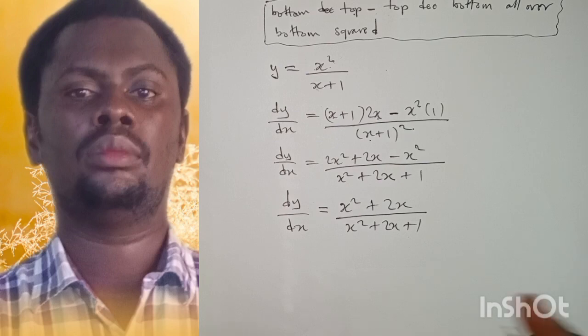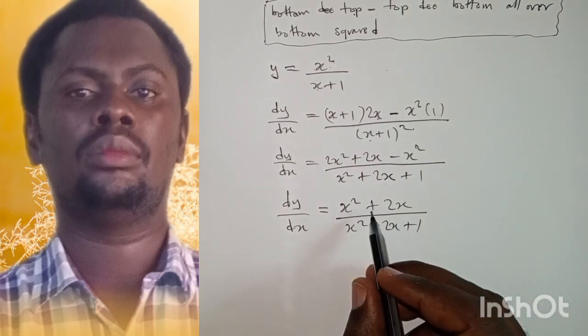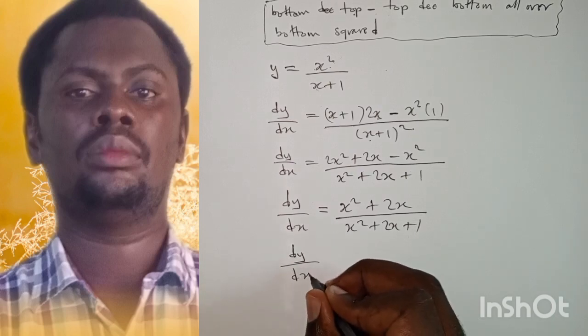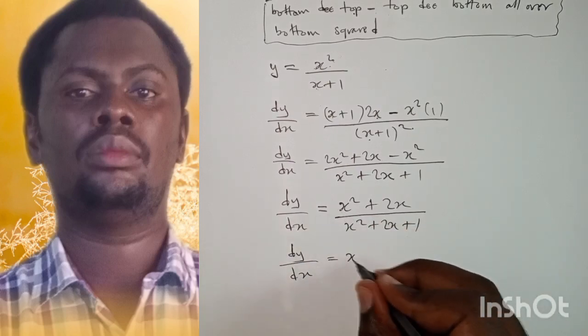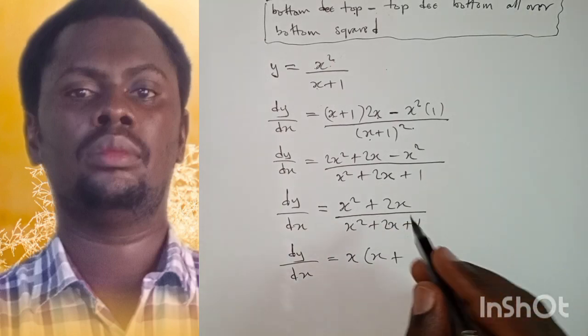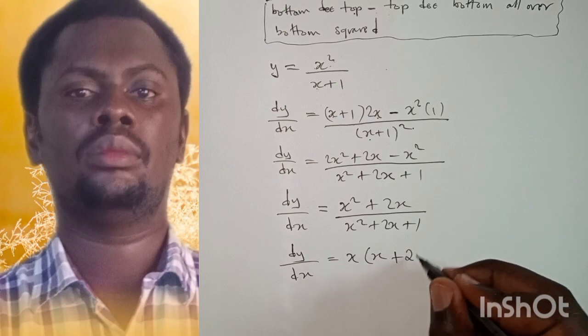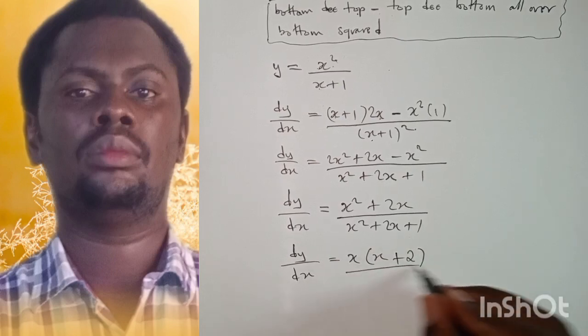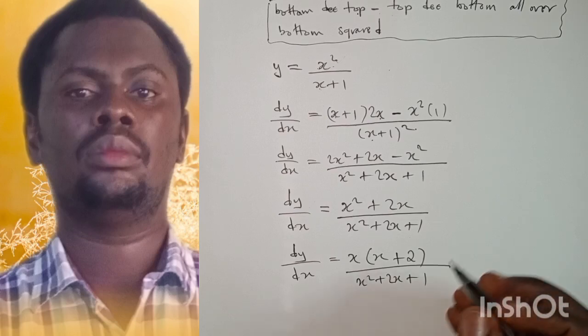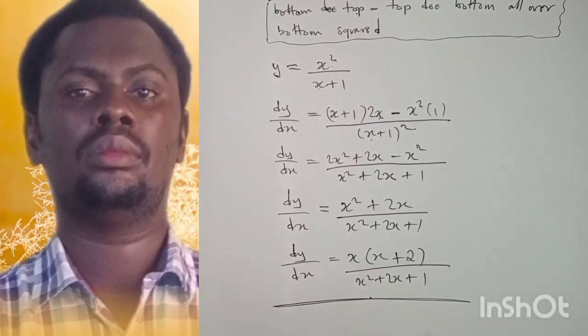On top here we have a common factor of x, so we can divide out x. dy dx is equal to, x squared divided by x you get x, plus 2x divided by x you get 2, over x squared plus 2x plus 1. So that is the final answer.